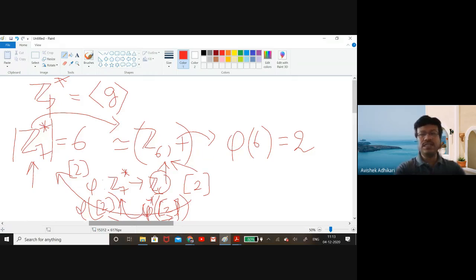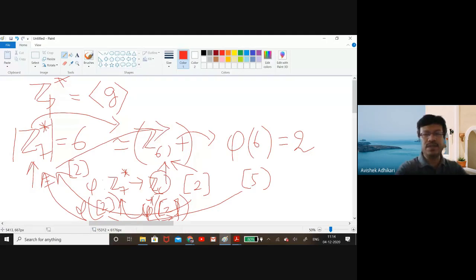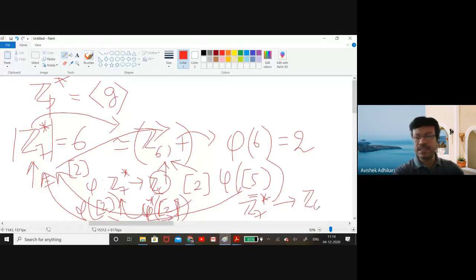Now somebody says that 5 is a generator of this. That does not mean that 5 here will always reflect the class 5 here, because where the class 5 of Z7 star goes depends on phi. So phi of class 5 will send the element of class 5 in Z7 star into some element of Z6 plus.